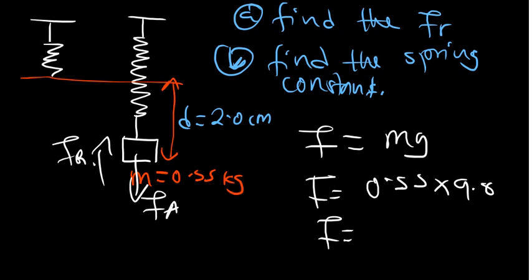So it's going to be 0.55 times 9.8. So I'll be able to get 5.39. Now this is in Newton. But remember, this force has to be negative, but I'm going to include negative when I want to find the spring constant, because the spring constant has to be positive.